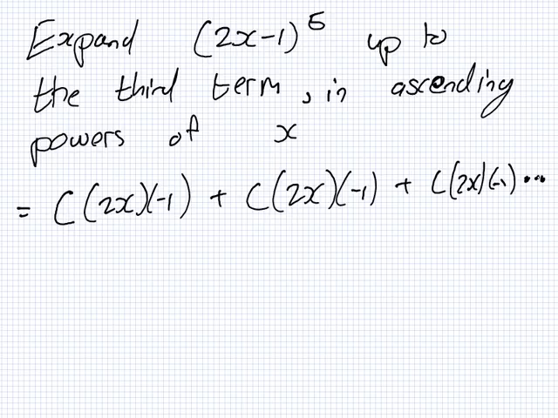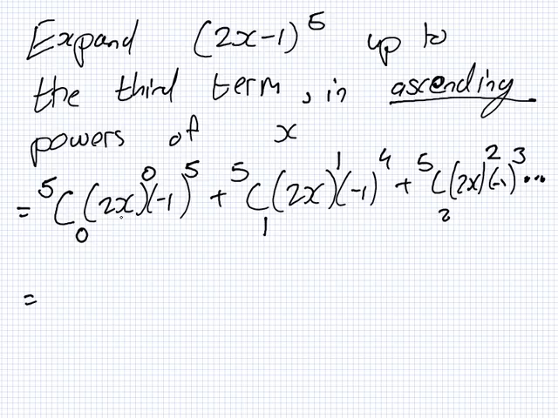Now, this is important. Do we start with 0 or 5? 0, because ascending. So this is 0, 1, 2. And this number is 5. So 5C0, 5C1, 5C2. And so this number here? 5, 4, and 3.